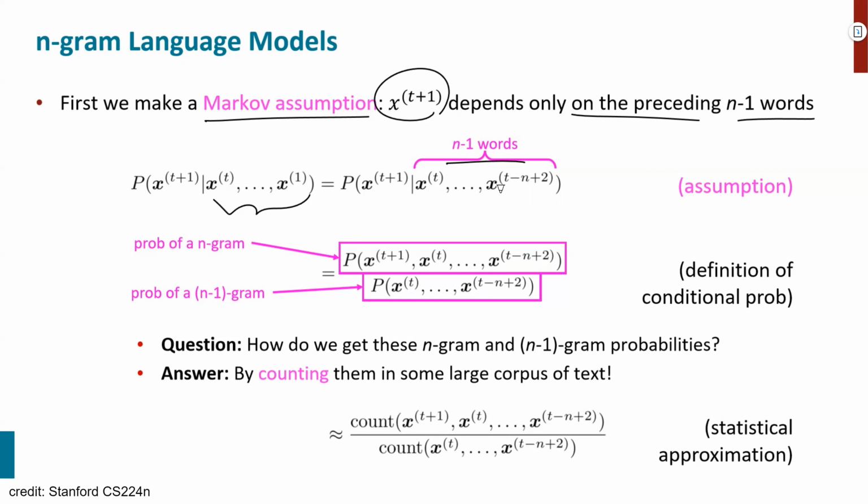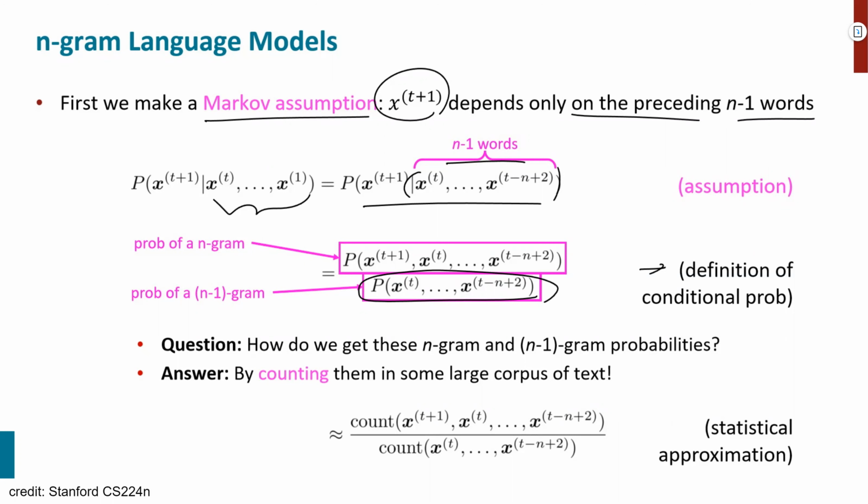And how do you calculate this probability? This can be done using the definition of conditional probability. So this becomes the probability of the n-gram divided by the probability of the n-1 gram.